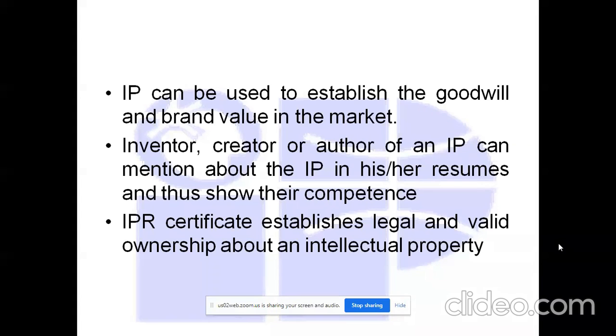An inventor, creator, or author can mention the IP in his or her resume. An IPR certificate establishes legal and valid ownership of an intellectual property. These certificates follow some laws, regulations, and forms, and somehow we can pay to publish them.